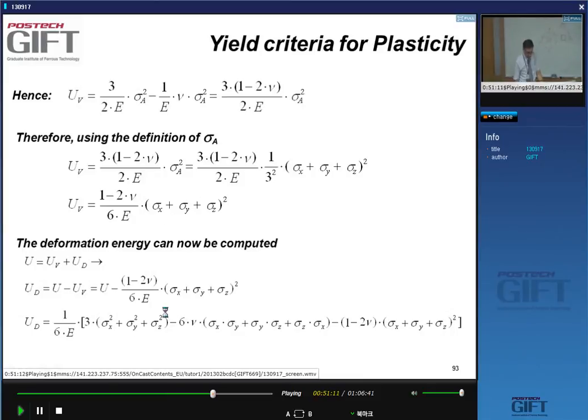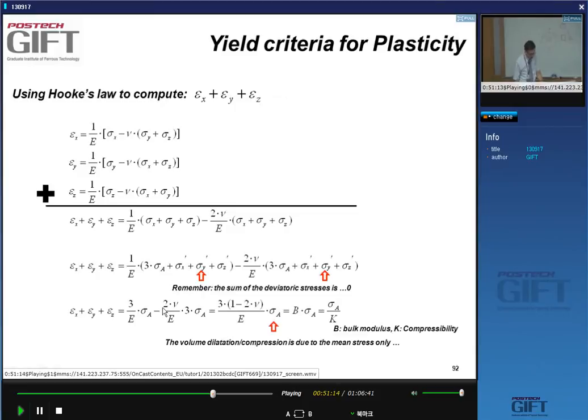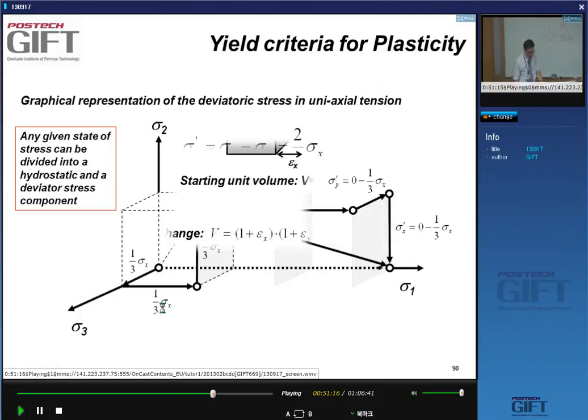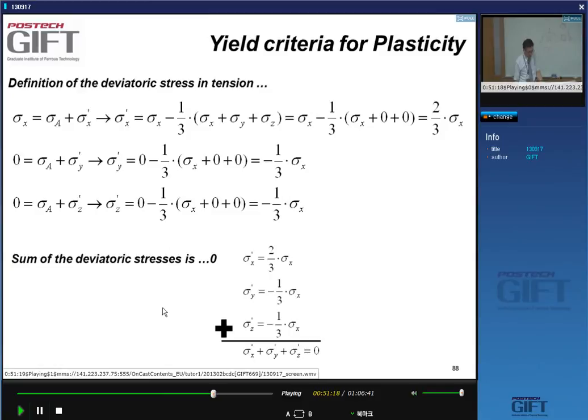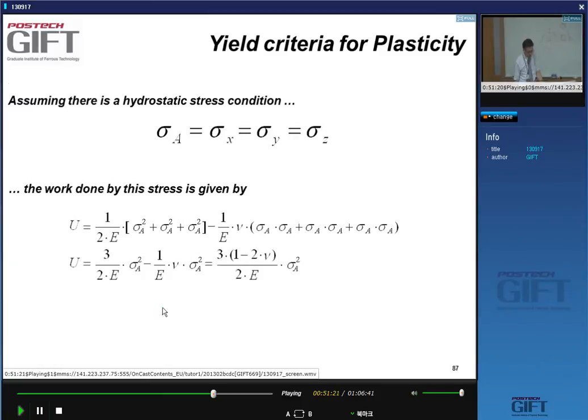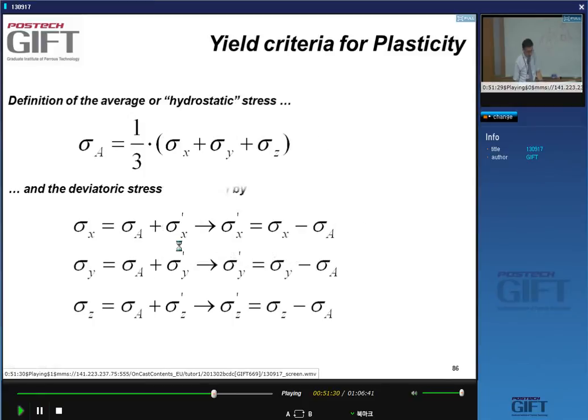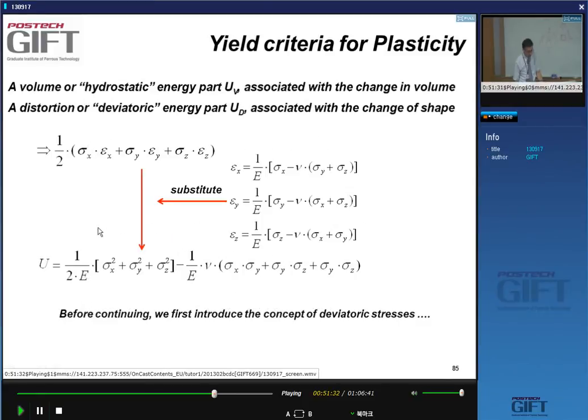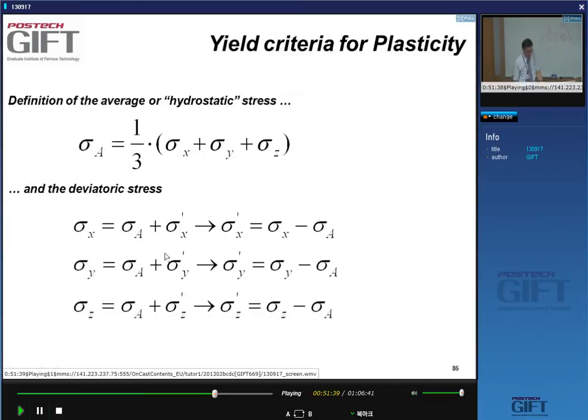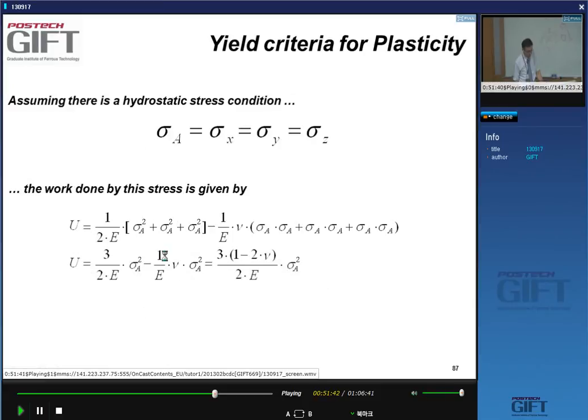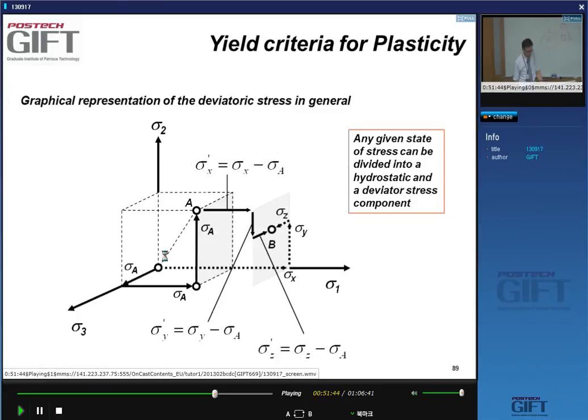The last part here comes from this equation, and this part here comes from the equation we derived earlier, at the very beginning, which is this equation here, 1/2 sigma. Oops, excuse me, one earlier. Yeah, this equation here. That's the total energy for shape change and volume change.